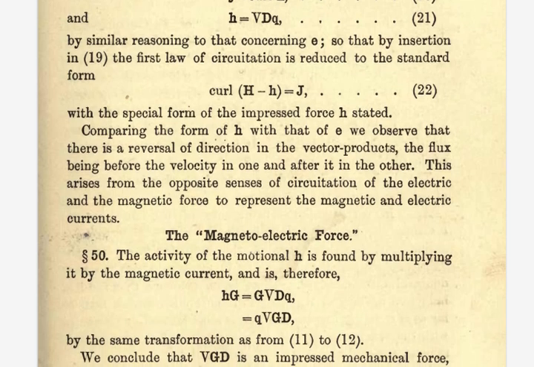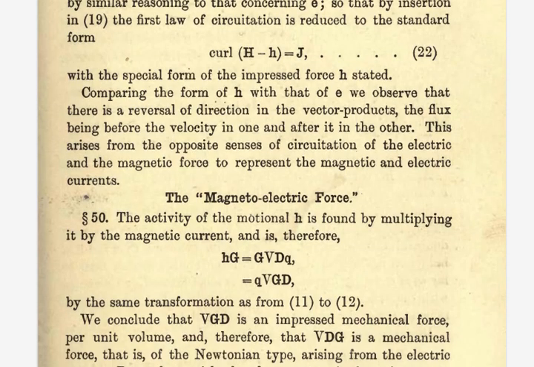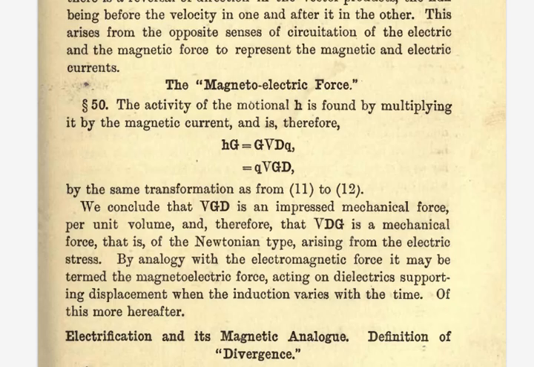Comparing the form of small h with that of small e, we observe that there is a reversal of direction in the vector products, the flux being before the velocity in one and after it in the other. This arises from the opposite senses of circuitation of the electric and the magnetic force to represent the magnetic and electric currents. The magnetoelectric force.